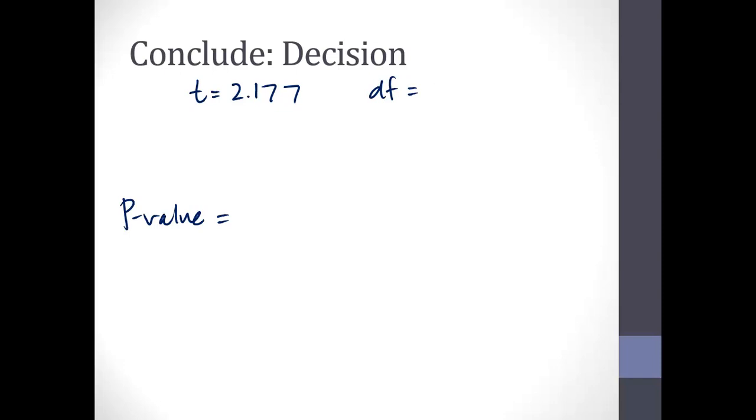So what will my degrees of freedom be here? Yes, exactly right. I want to use a 10 because that's the smaller of n1 is 12, n2 is 10. Since 10 is the smaller one, my degrees of freedom will be 9.